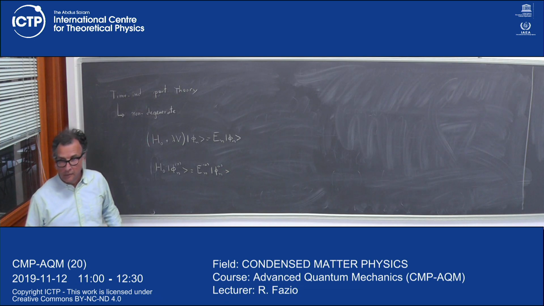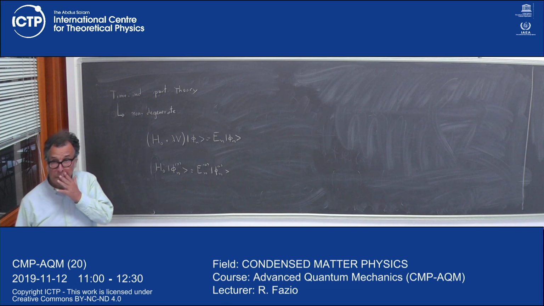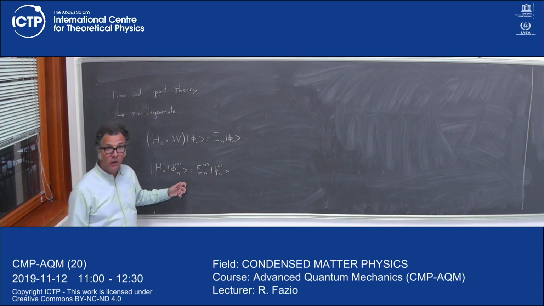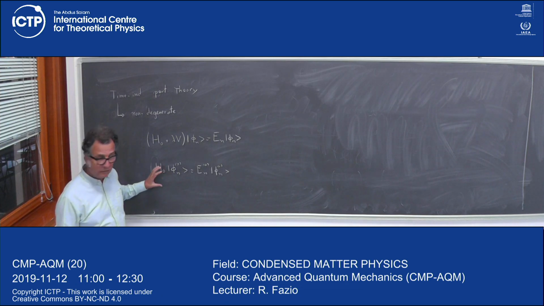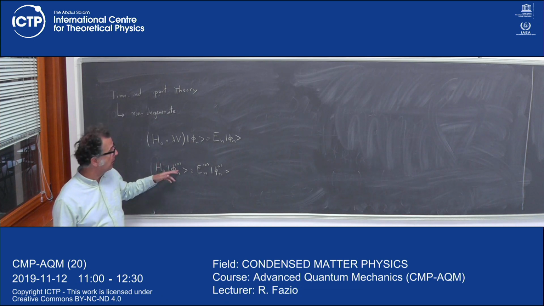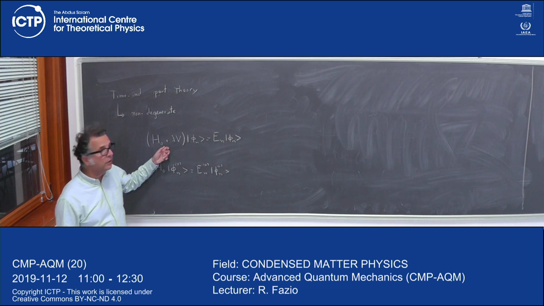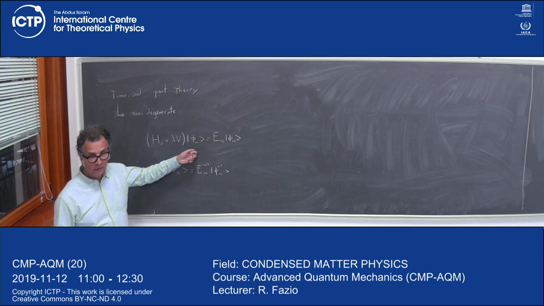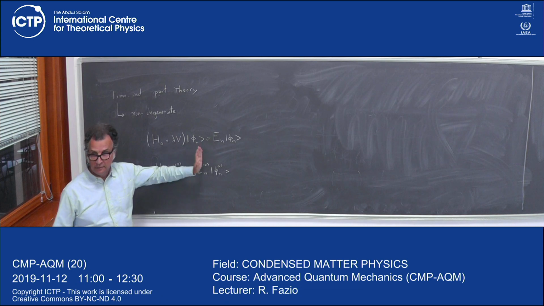Okay? So what I want to do is, by the knowledge of this phi 0 and E 0, I want to construct an iterative way to compute phi n and E n.